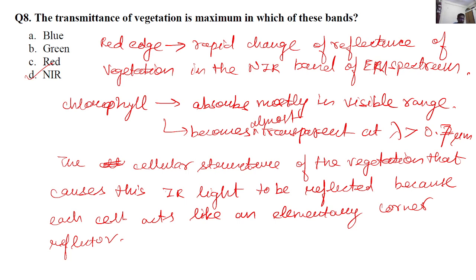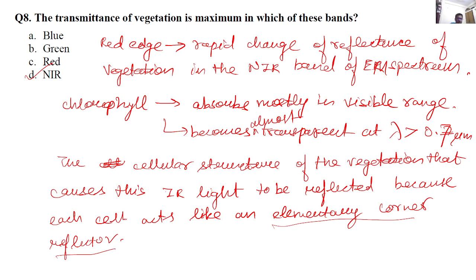Okay, and it helps the plants in avoiding overheating during photosynthesis. Photosynthesis is actually, biologically speaking, a highly energy expensive process, and this elementary corner reflector kind of a mechanism actually leads to lowering of the heat, and also that is the reason why the reflectance changes so much in this region.